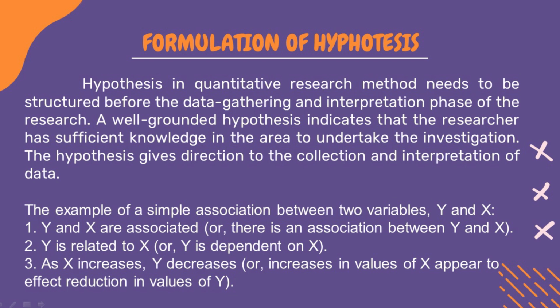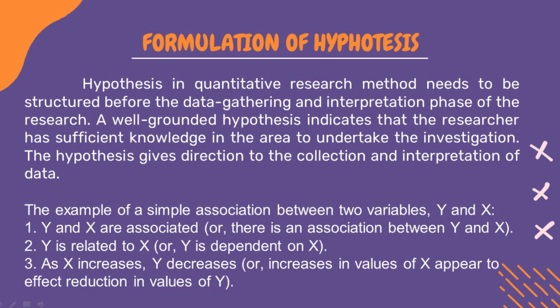The second hypothesis is also a simple statement of association between y and x, but this time it may be inferred that values of y are in some way contingent upon the condition of the x variable.